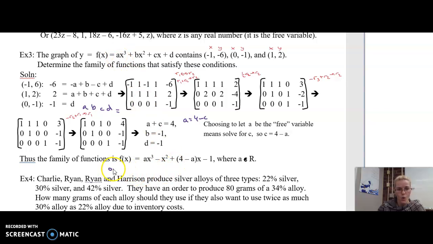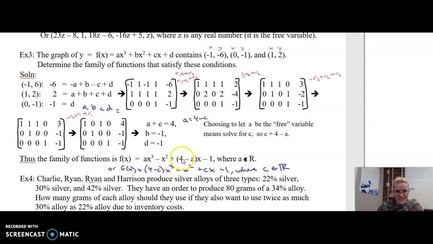So you could have said f of x is equal to (4 minus C) x cubed. Again, B is always -1, so minus x squared. C would be free, so plus Cx in this case. And then, again, D is always -1, where C is any real number.